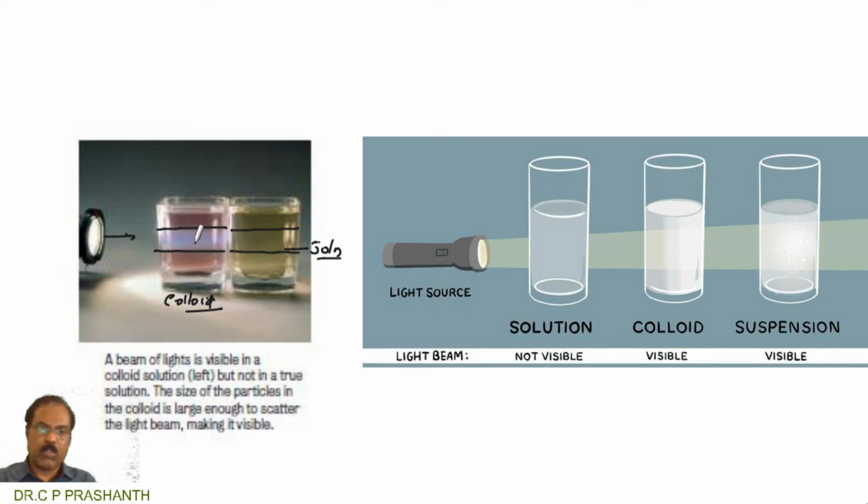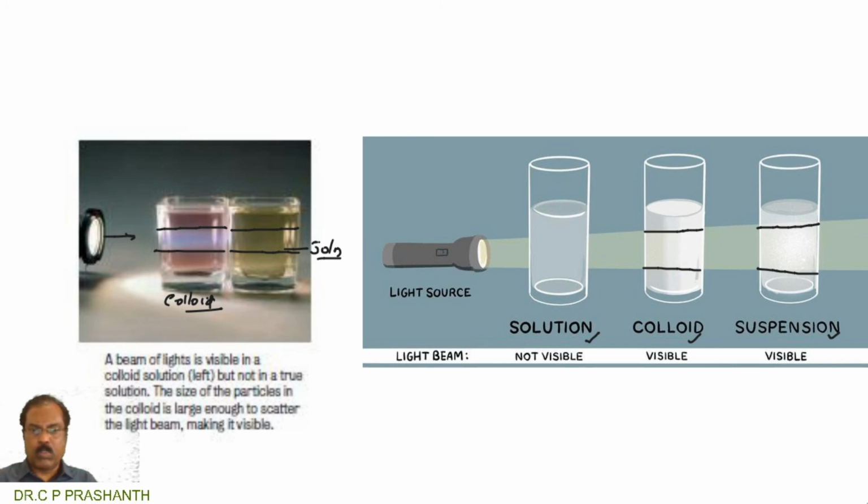Here the path is visible because it is translucent. Now this experiment in a schematic way, you can see light source, solution, colloid and suspension. Through the solution the path will not be visible. Here you can see the path is visible. Can you see this? And the same thing happens in the case of suspension also.